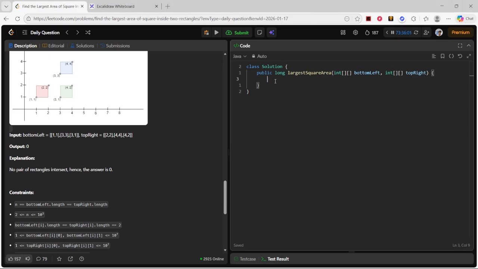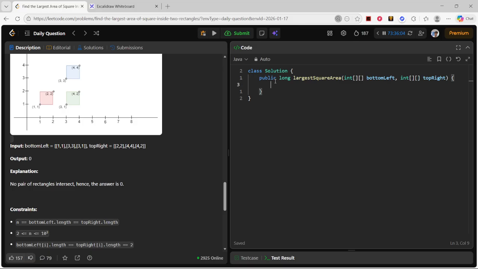Once again, zoom. We take larger square, and bottom left as BL, top right as TR. So i is equal to 0 and n is equal to BL length.